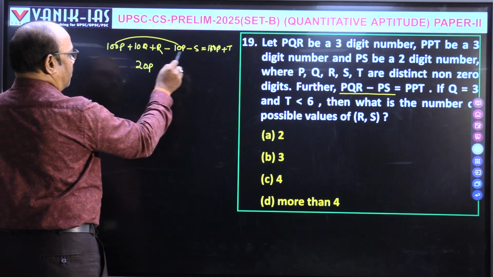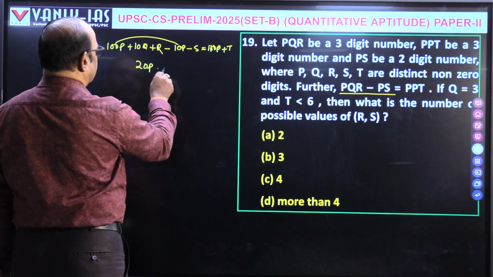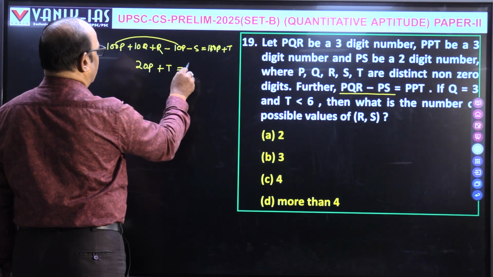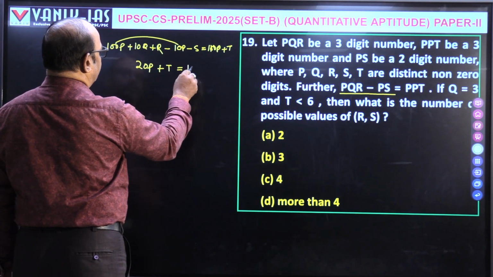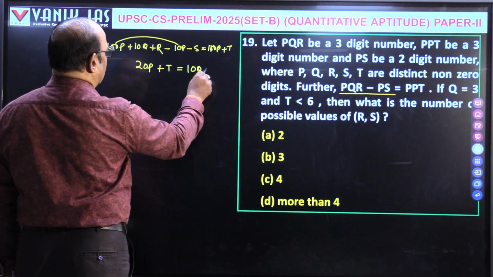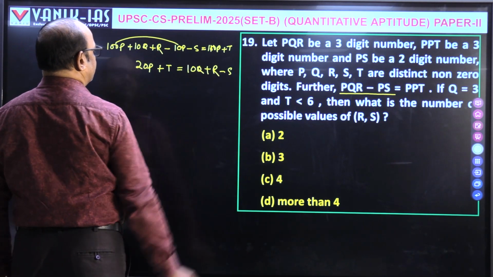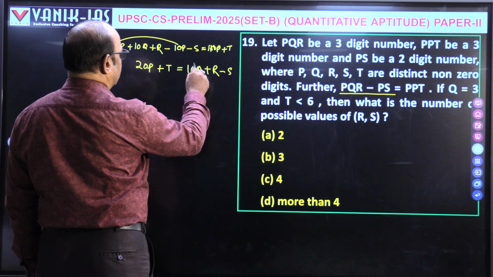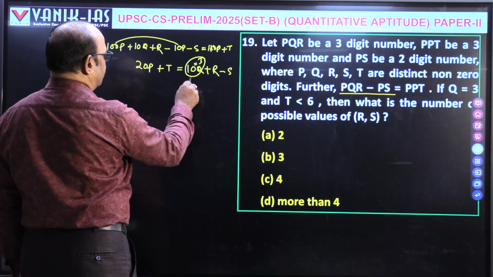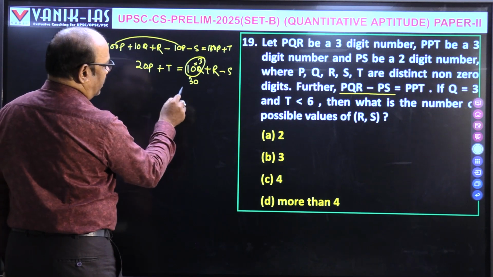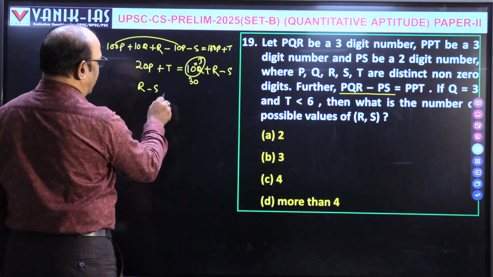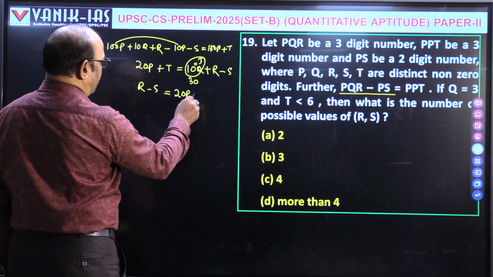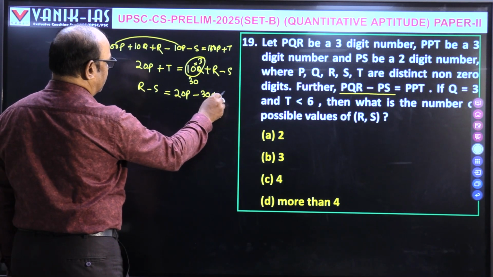So 20P plus T is equal to 10Q plus R minus S, and Q is given as 3. That becomes 30. So I can say R minus S is equal to 20P minus 30 plus T.